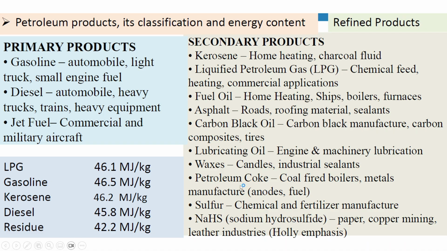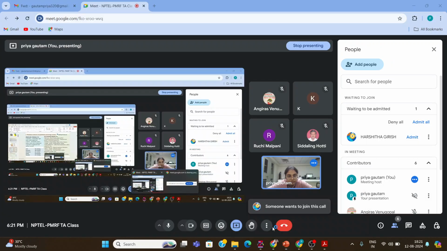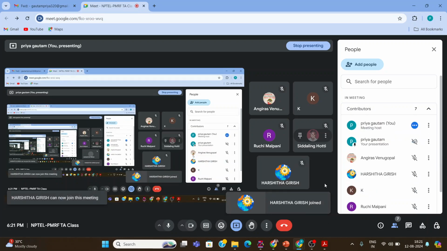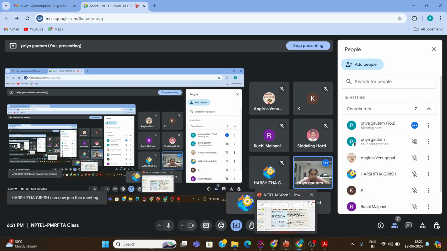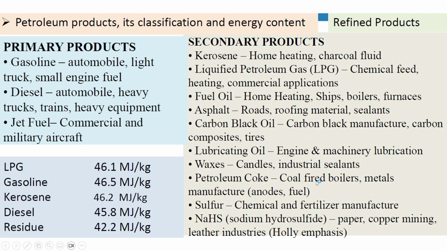Coming on to petroleum products and their classification.